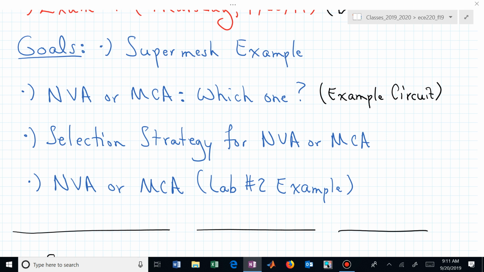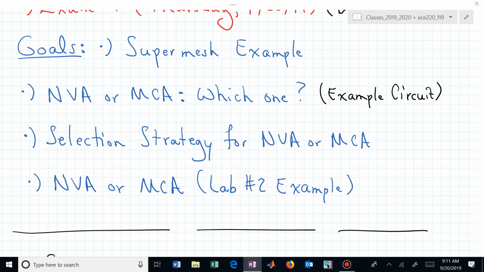But typically, you pick the one that's going to lead to the fewest number of unknown variables to solve. For example, you might have a circuit that ends up with 4 node voltages and 2 mesh currents. Then I would solve the one with 2 mesh currents, because once you find those unknowns, you can solve for anything else in your circuit.